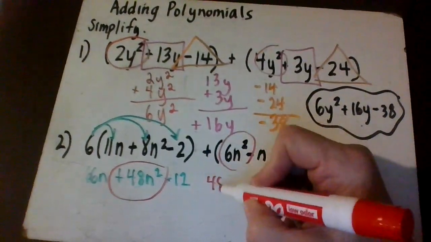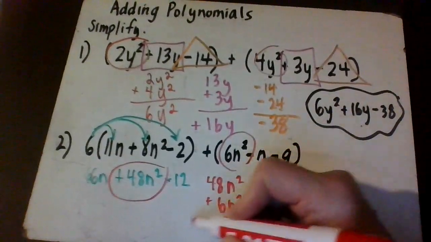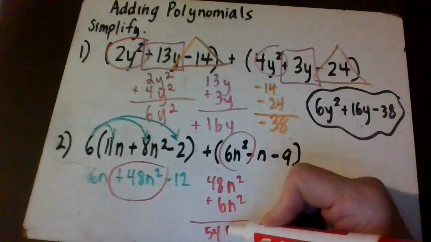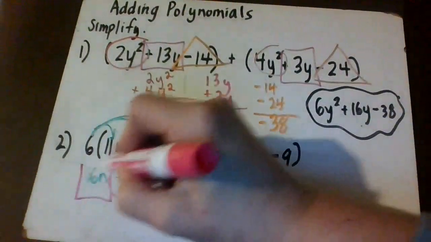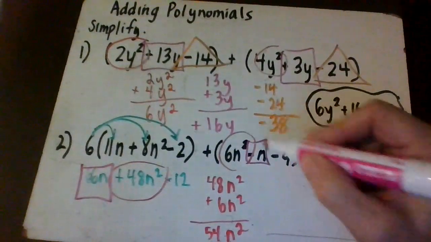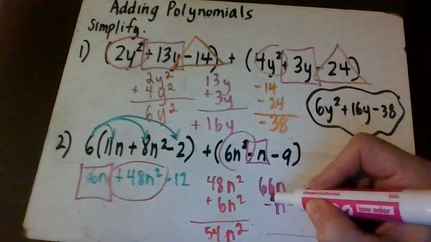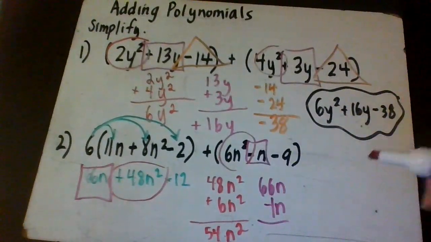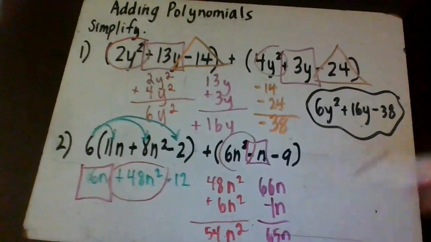So 48n squared plus 6n squared would be 54n squared. Next, 66n and minus n. So 66n minus n, and of course this could be a 1. So 66 minus 1 would be 65n.